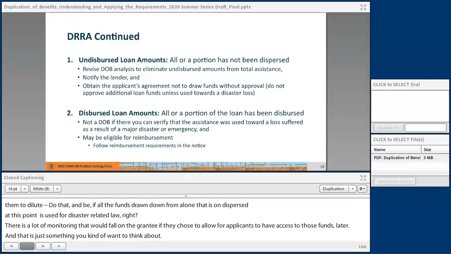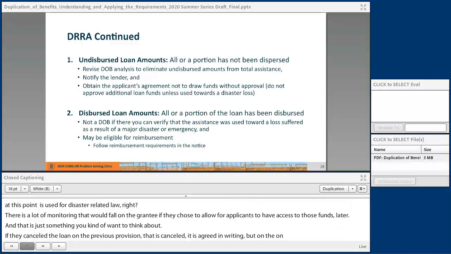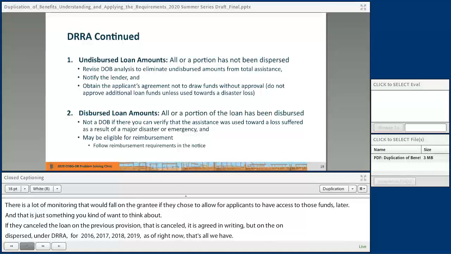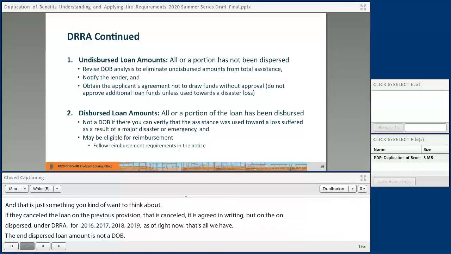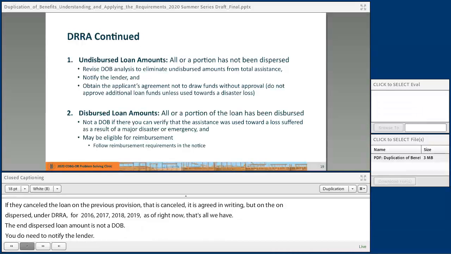But on the undispersed loan amount under DRRA, so only for 2016, 17, 18, and 19 grantees, as of right now, that's all we have, those grantees, the undispersed loan amount is not a DOB. You do need to notify the lender. And again, everyone needs to be on the same page that the applicant is either not going to draw down the funds, or if they're going to, they have to have approval from the grantee to do it.